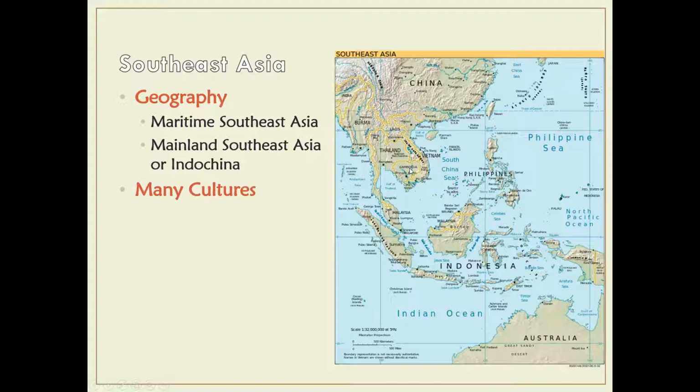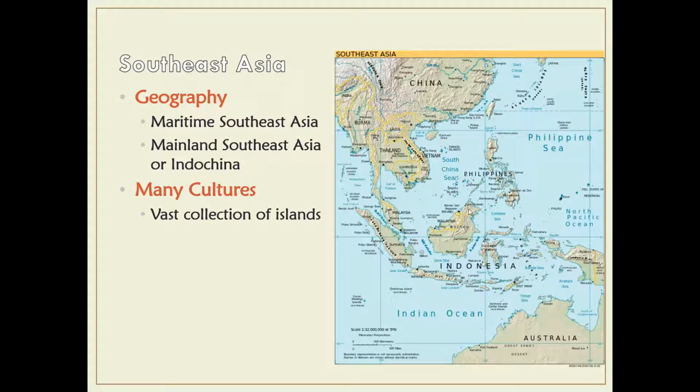Historically, this has been a very multicultural land. It's a vast collection of islands, and each of these islands has developed independently of one another. So you have a huge swath of cultures that has different degrees of exploration.